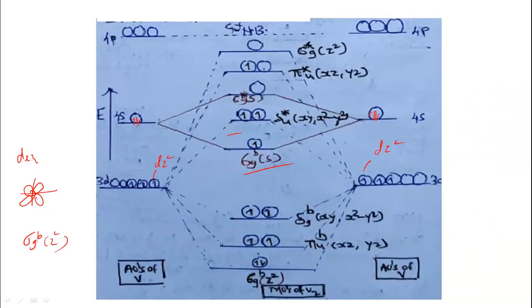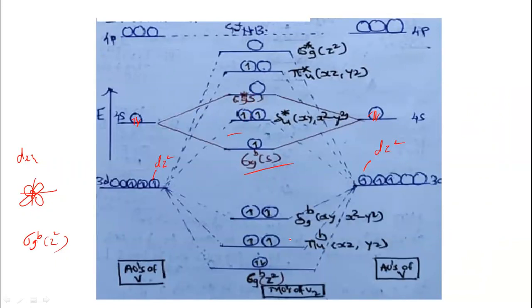Out of that, this bonding molecular orbital has only one electron. The delta star orbital is also formed here, which we have already explained. So this is the molecular orbital diagram for the vanadium molecule.